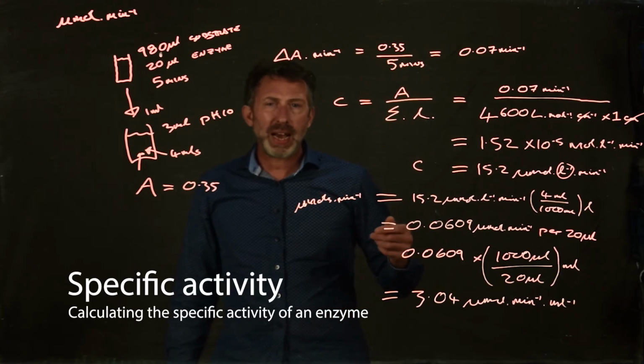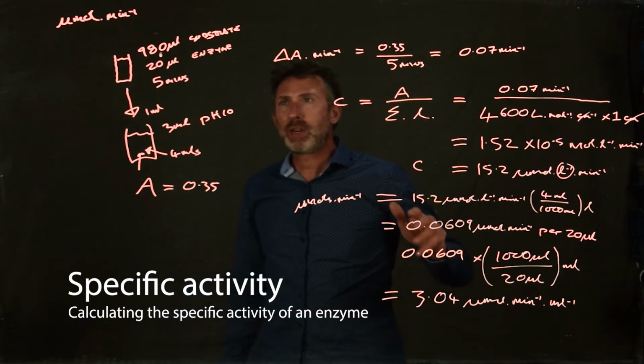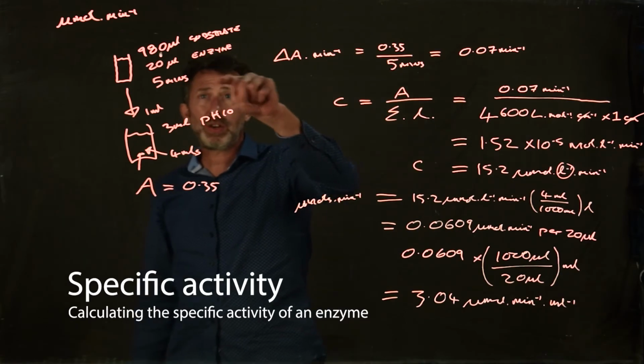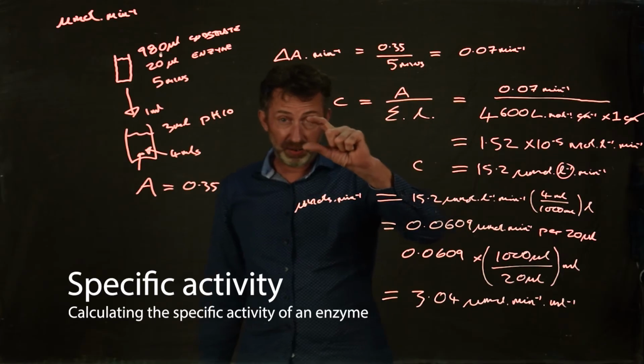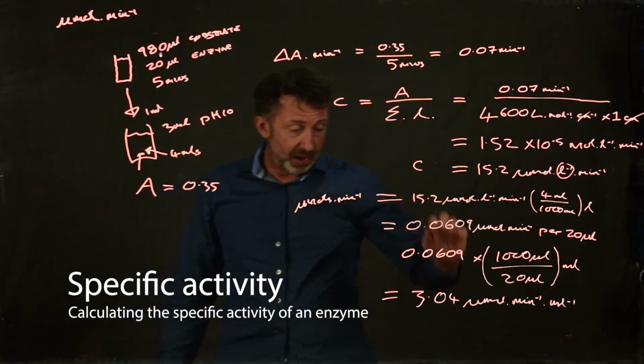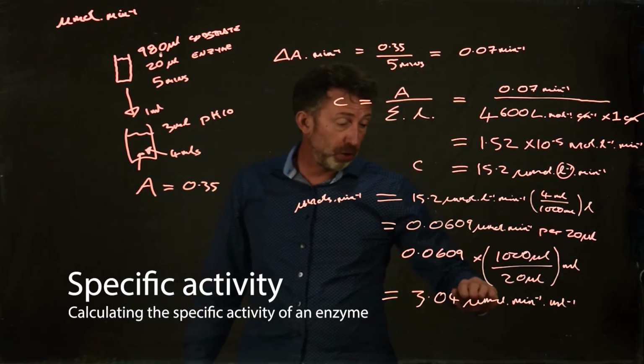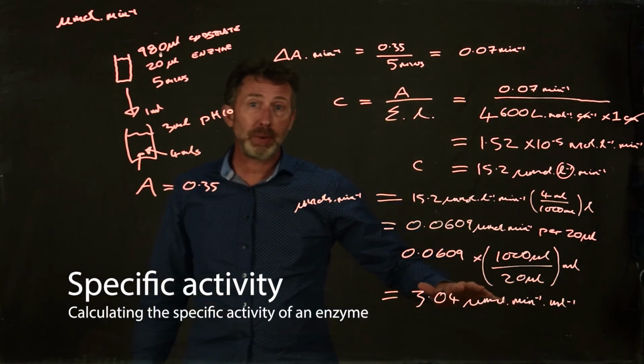So we've just calculated the number of enzyme units that this enzyme solution has got per mil. In other words, you take a mil of that solution and we can get 3.04 micromoles of product being formed per minute.